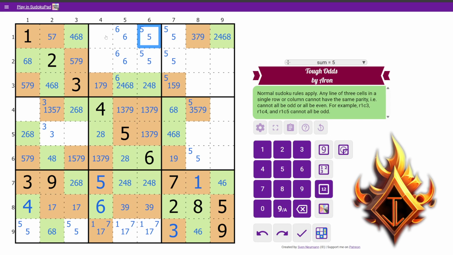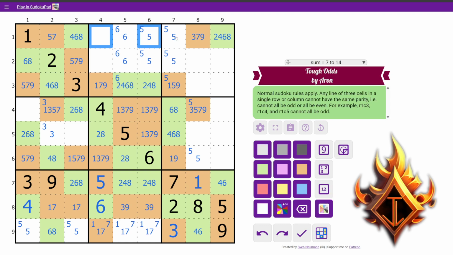So there would have to be 1 more. And then this would be 3 odds again. So this cannot be odd. So that is even. Now we have the 4 evens in this column. So that is odd. Jeez.